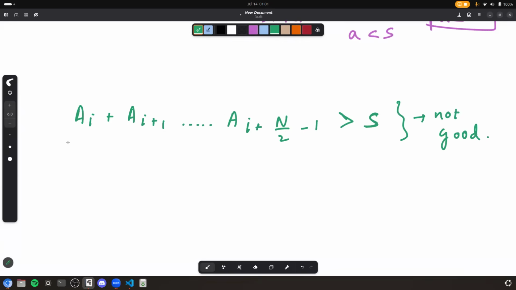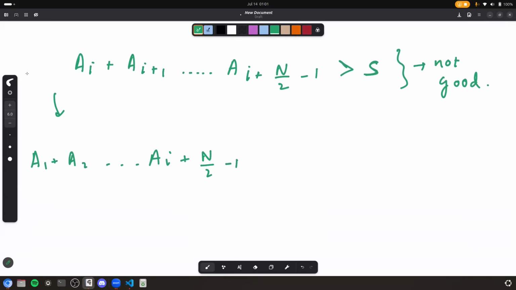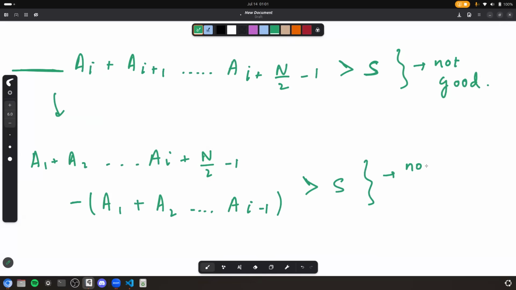So we can rewrite this like this: a1 plus a2 till ai plus n by 2 minus 1. And since we previously did not have elements before ai, we can subtract them. So subtract a1, a2 till ai minus 1. And if this is greater than s, then the array is good.